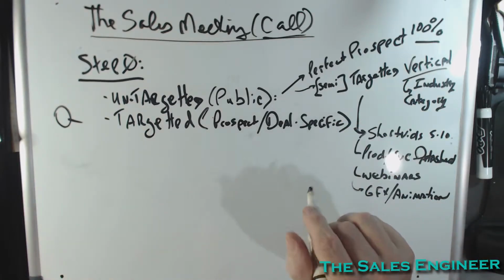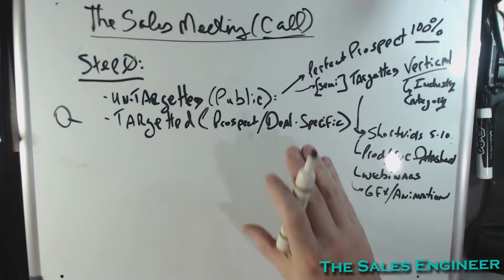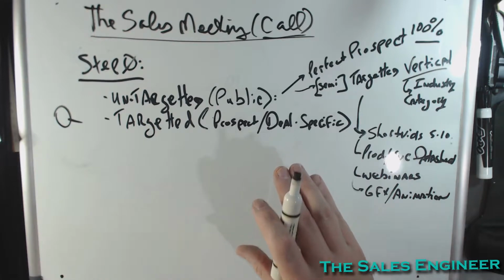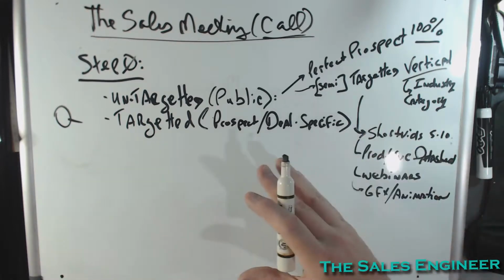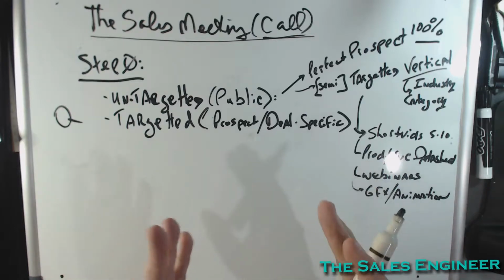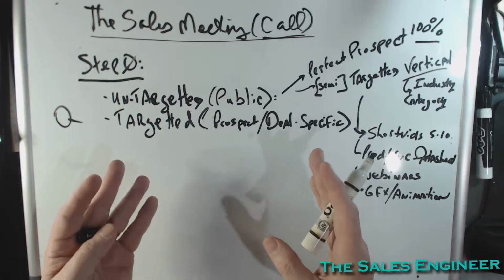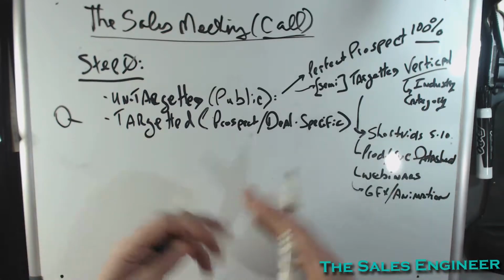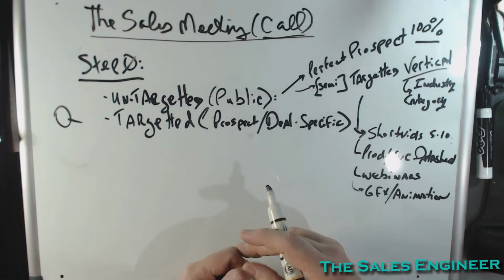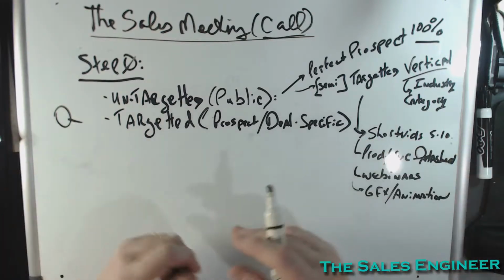You've got to know all of it, because you can bring all that to bear to really make a difference in a dog and pony show, or just if you're the only person that they're talking to, it just blows people away. And that's kind of what we should really be trying to do. If you're not, that's great. These aren't for you. Go off and watch other videos that talk about sales engineering as being a sales rep.